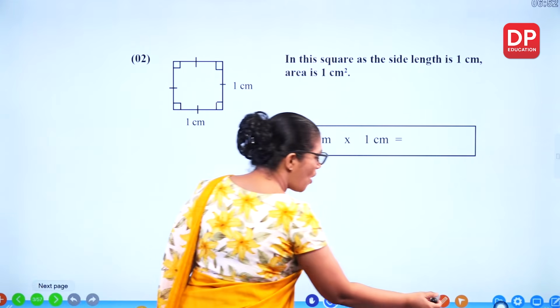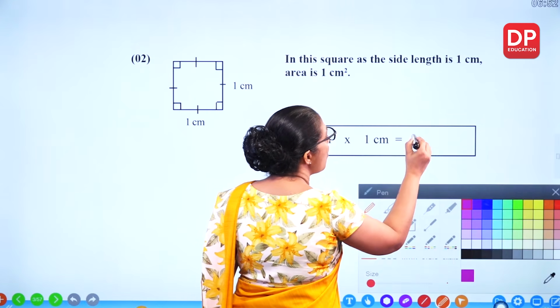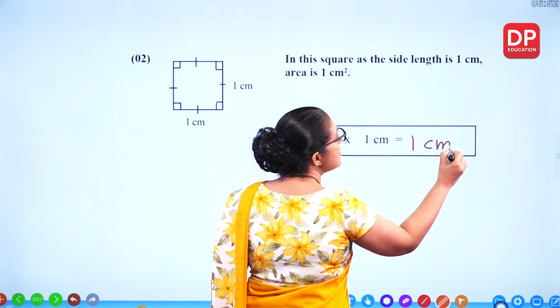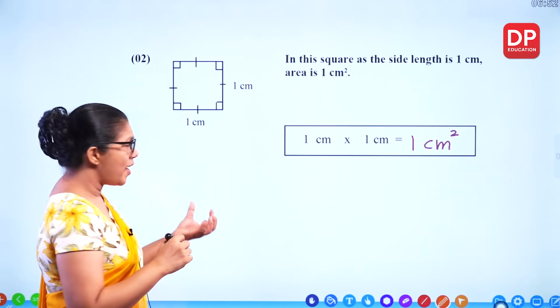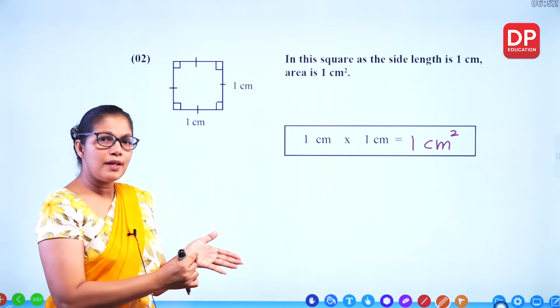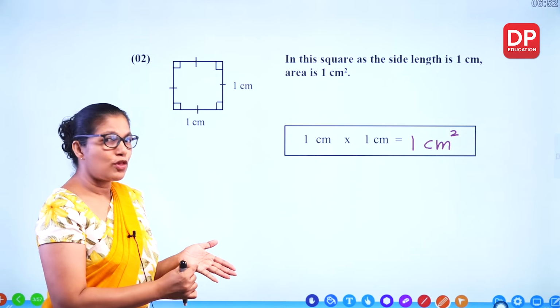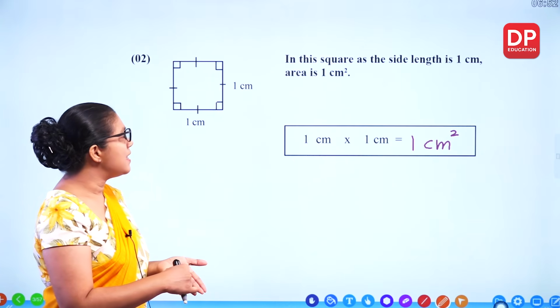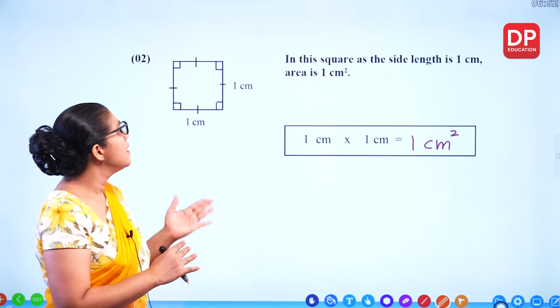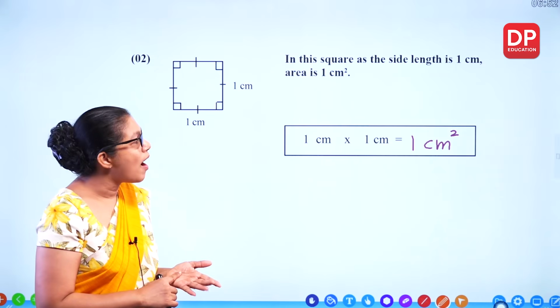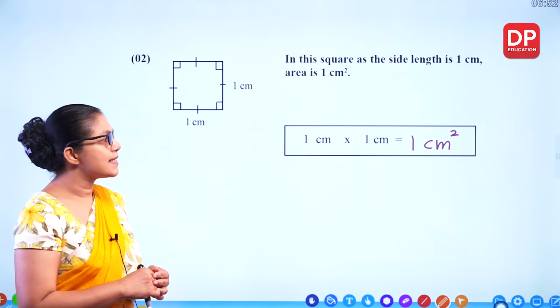How can we write down 1 square centimeter? 1 cm squared. So when you take a square with length 1 centimeter, the space occupied by that square is 1 square centimeter.